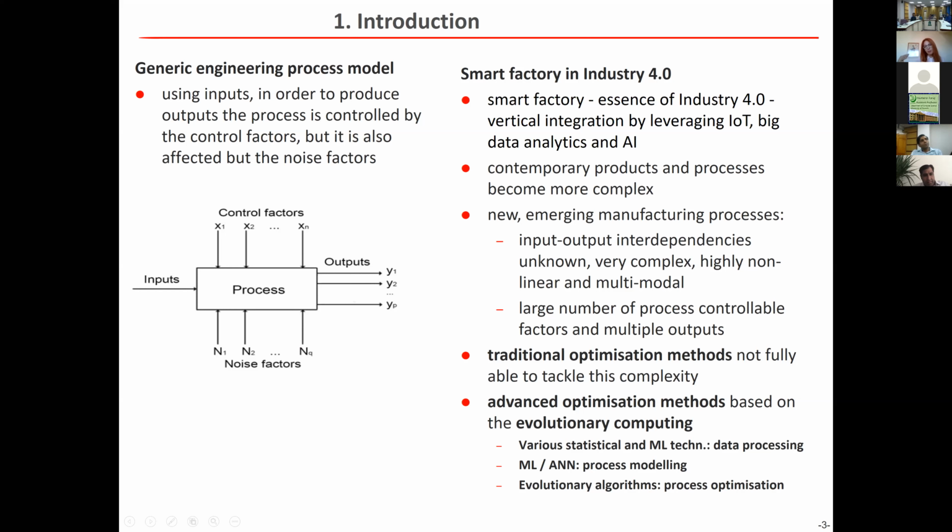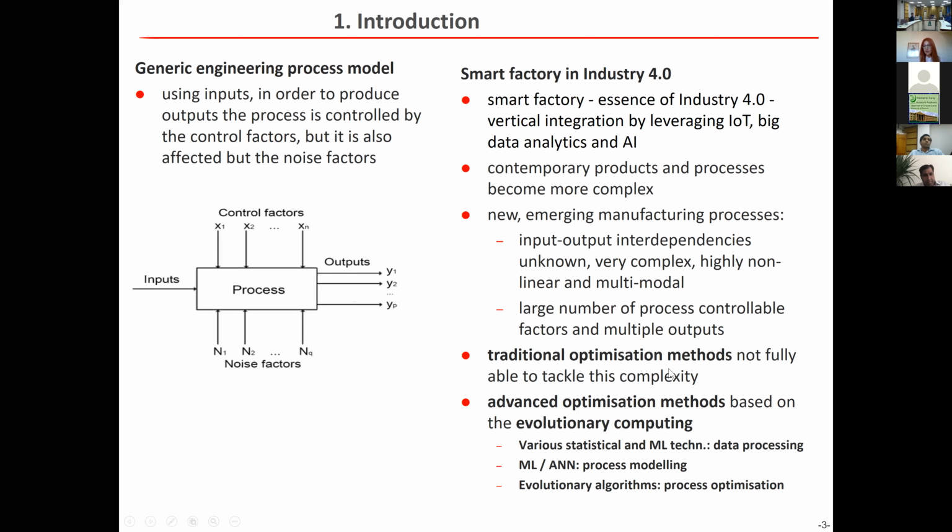Those are not independent outputs but somehow interrelated. So new emerging industrial processes are very complex, with input-output interdependencies that are typically highly nonlinear, multimodal, and there are a large number of variables involved.